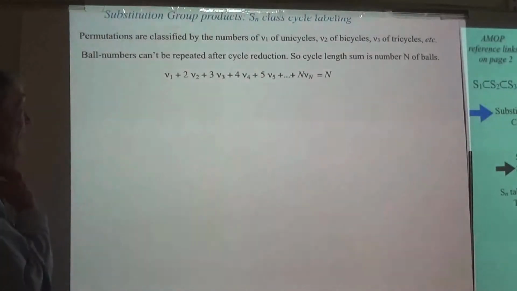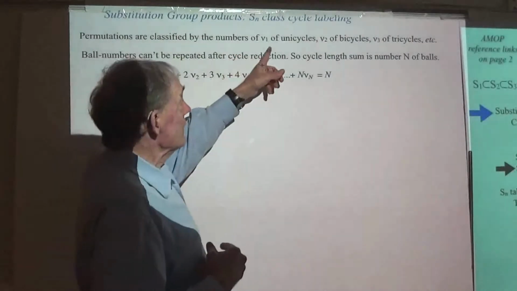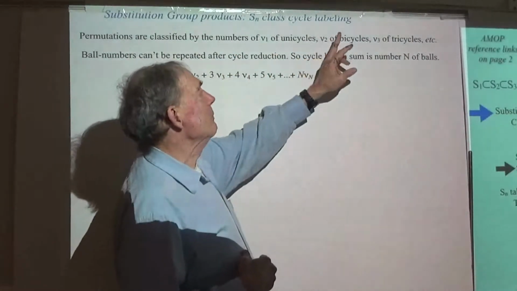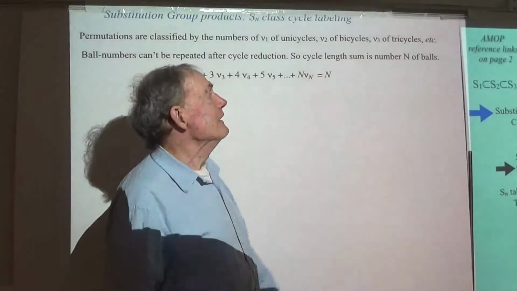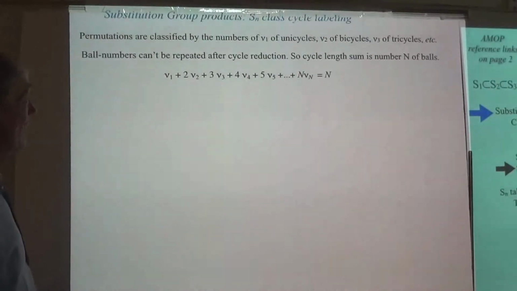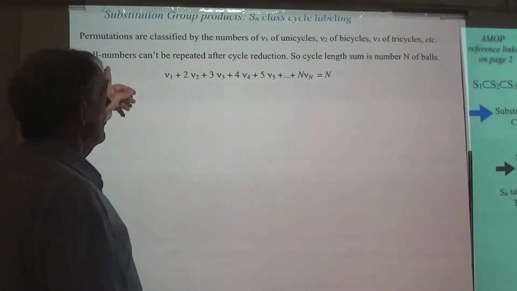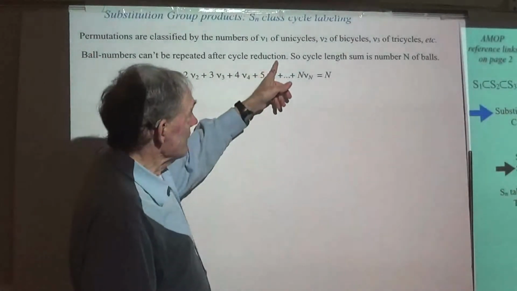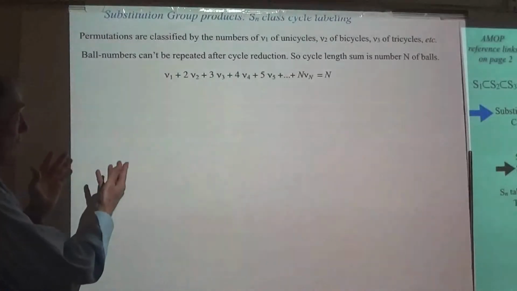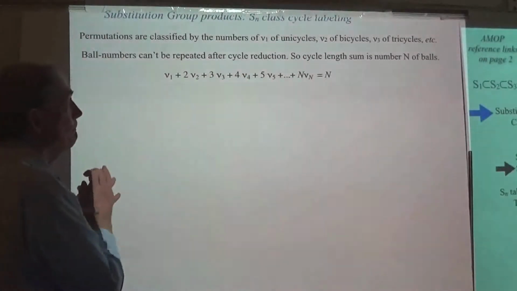But the basic idea is that permutations are classified by the numbers of unicycles, say nu1 unicycles, nu2 bicycles, nu3 tricycles, etc. And the idea is that the cycle reduction is designed specifically to put different numbers, distinct numbers, in each of the cycles that you get.